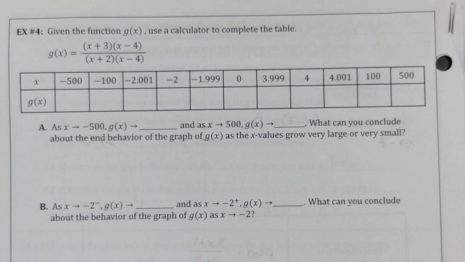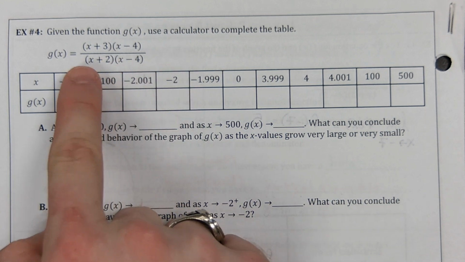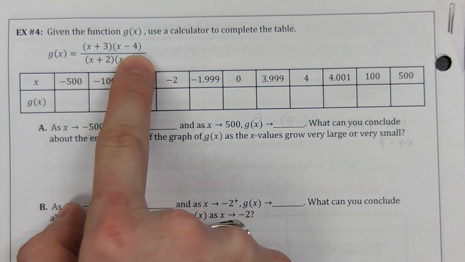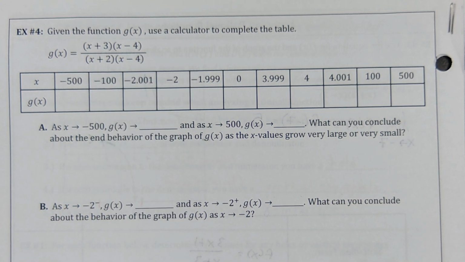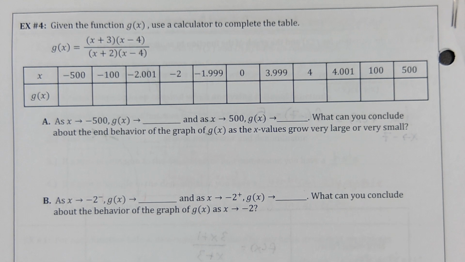I'm just going to show you what the numbers would have been had you plugged them in. You literally would have done negative 500 plus 3 times negative 500 minus 4. You just would have done the math. I'm just going to save us the trouble, and I'm going to write down what those values are. Is everybody okay with that idea? Yes. There's no math trickery here. There's nothing missing out on a calculator. It's just you're not having to watch me plug numbers in.